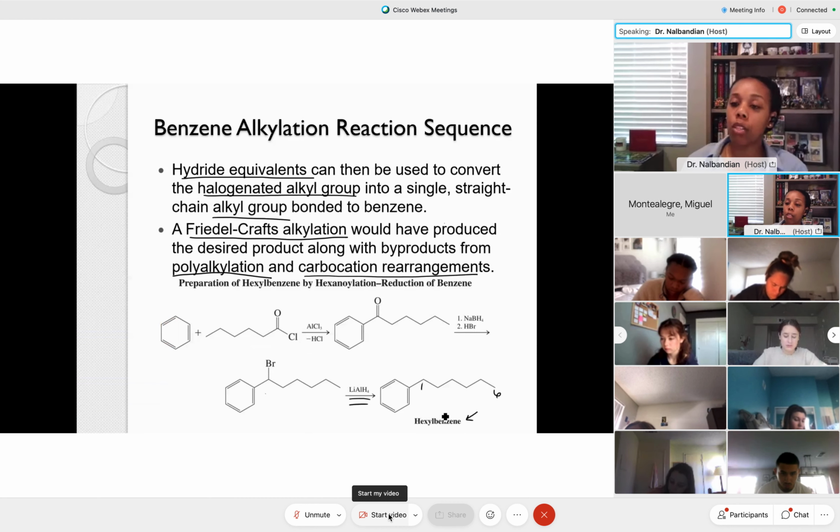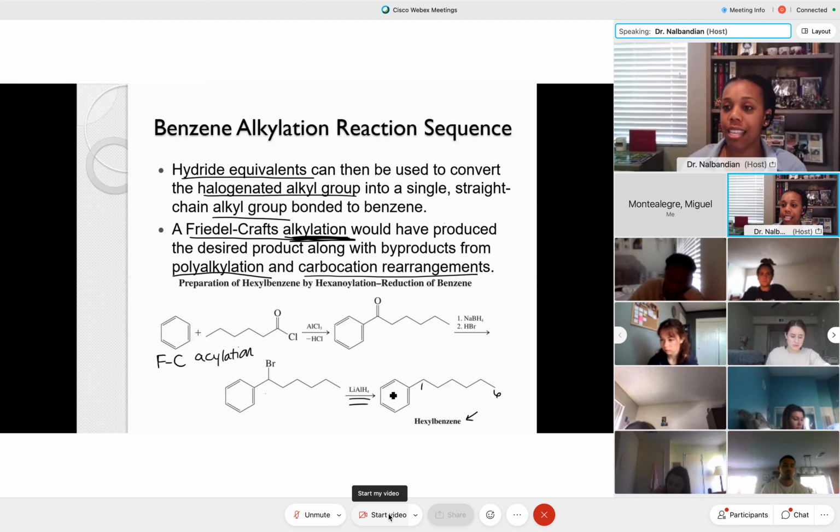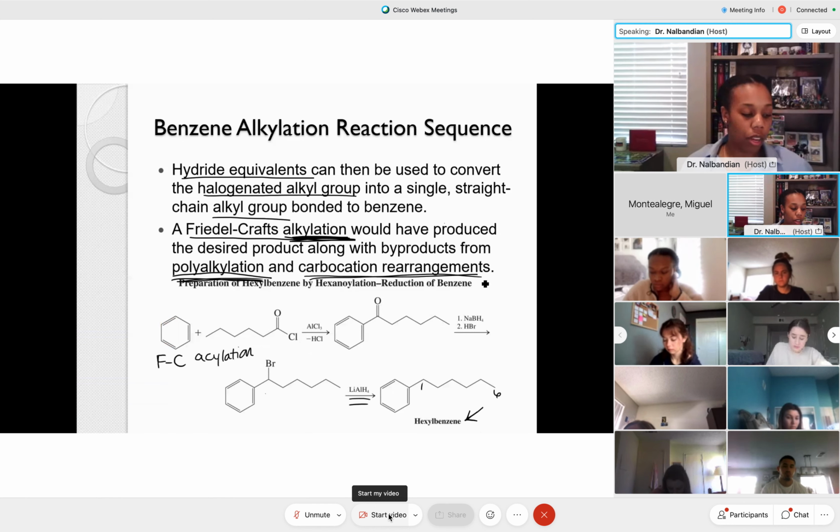So here we're doing a multi-step process, not using the alkylation, but using the acylation instead. Friedel-Crafts acylation instead of the alkylation allows us to get a high yield of the product that we desire, the hexyl benzene, rather than having the polyalkylated product or the product from carbocation rearrangements.